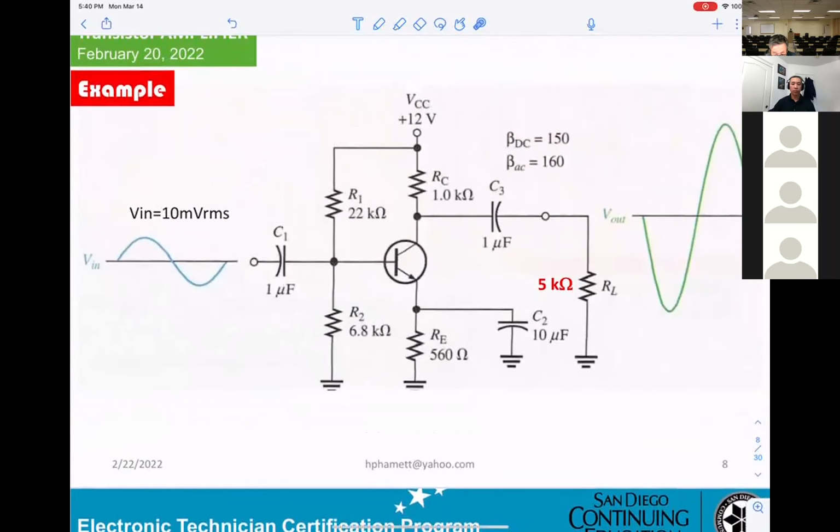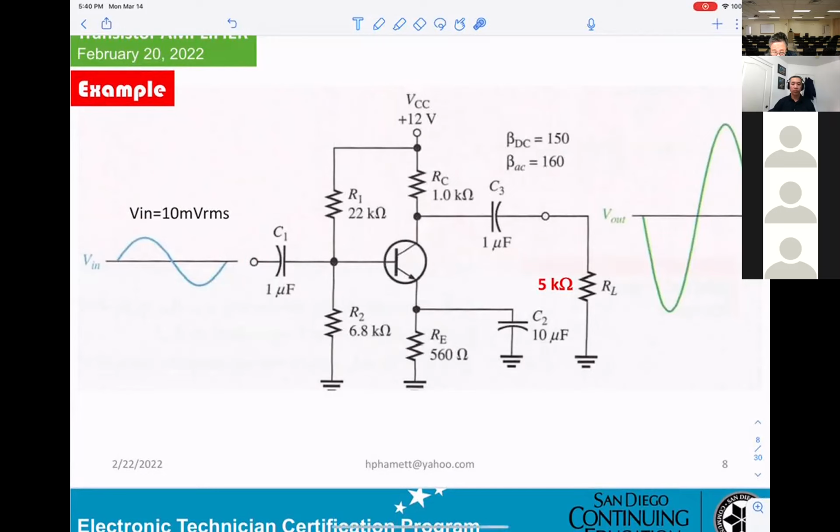Example here. If we're looking at the example here, you know that will be a common emitter. Input of 10 millivolts RMS is applied here. Output will be from here. Okay.